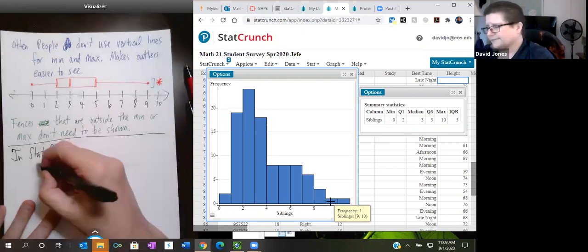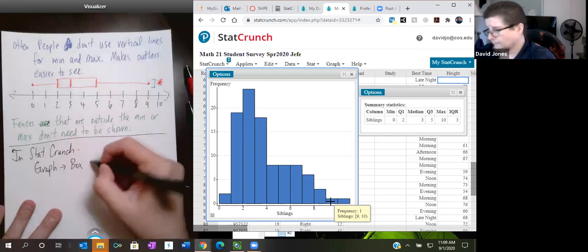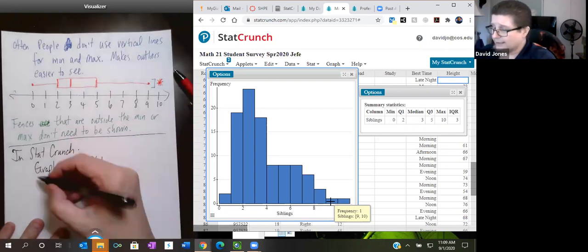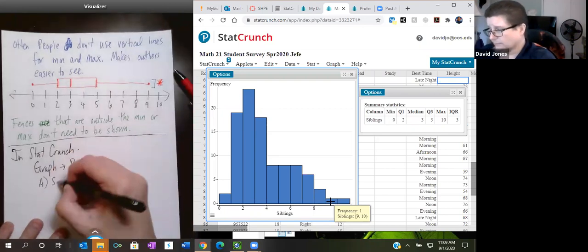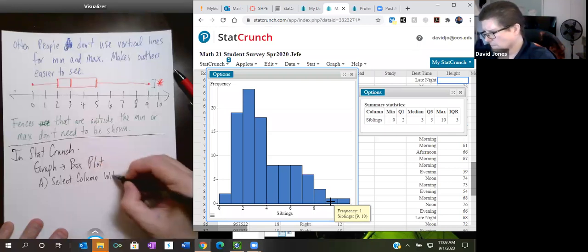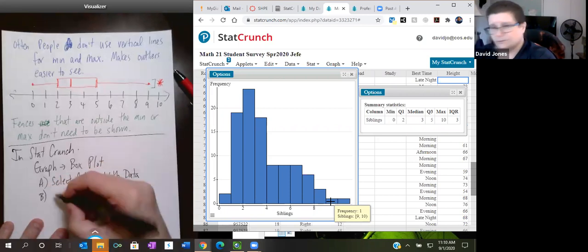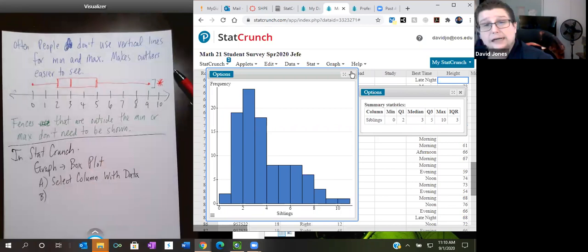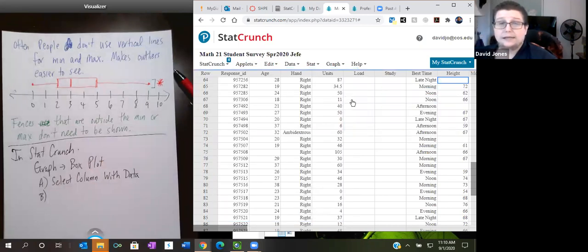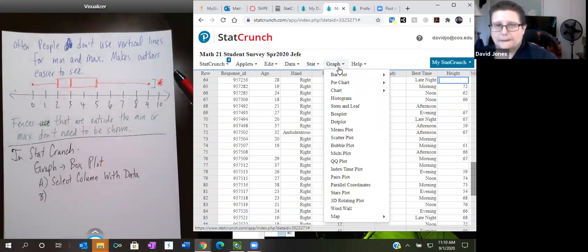All right, in StatCrunch, you're going to do Graphs, Boxplot. And then you need to select the column with data. And I believe you need to mark draw horizontally, but let's take a look. They might have changed StatCrunch. Let's check. Graphs, Boxplot.